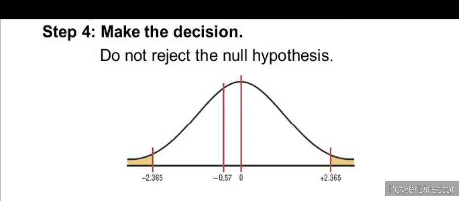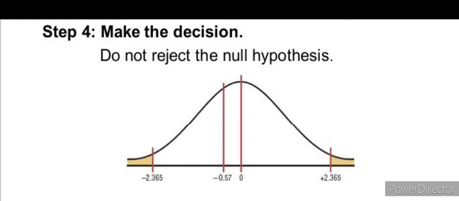Let's move on to step 4, make the decision. Remember the decision rule. On the negative side, the null hypothesis is rejected only if the test value is less than the critical value. It is not rejected if the test value is higher than the critical value.